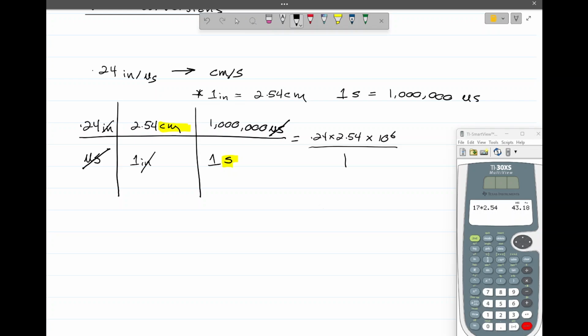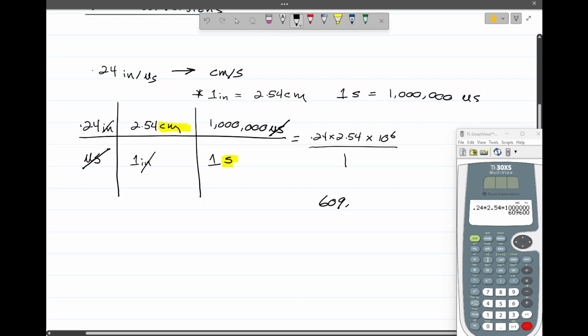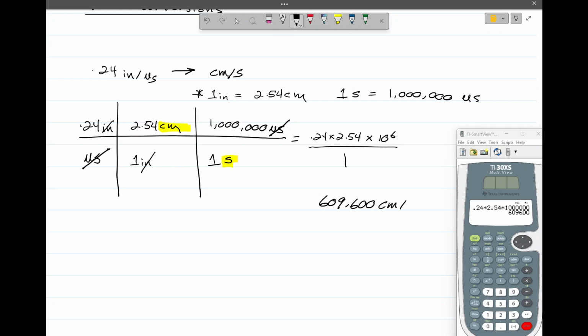So now it's just a matter of doing the math. 0.24 times 2.54 times 1 million, and you should get 609,600 centimeters per second. So 0.24 inches per microsecond equals 609,600 centimeters per second.